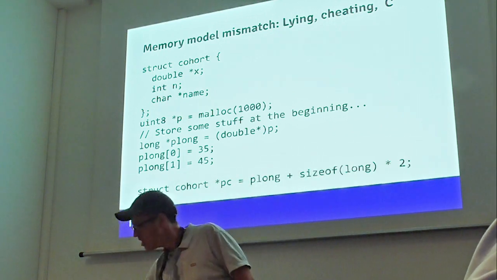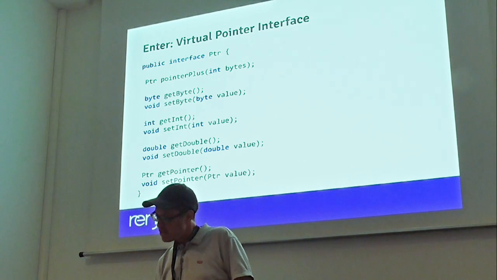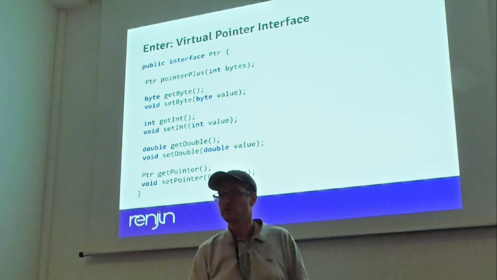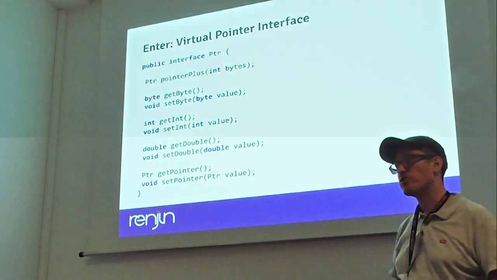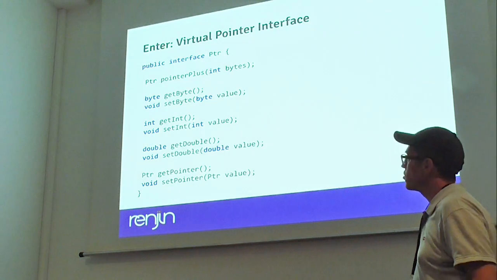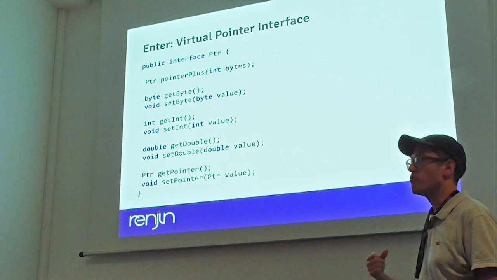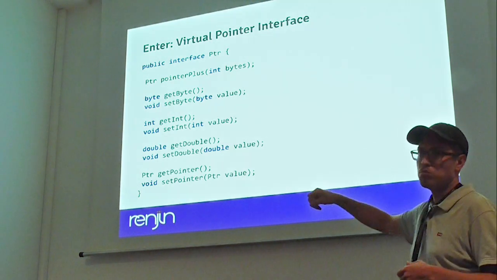So the next iteration of the project introduced this idea of a virtual pointer. So the idea is that whenever we saw a pointer in C code or in Fortran or C++, we just said, okay, we're going to give you a Java object that knows how to do certain things. So, for example, this object knows how to do pointer plus, right?